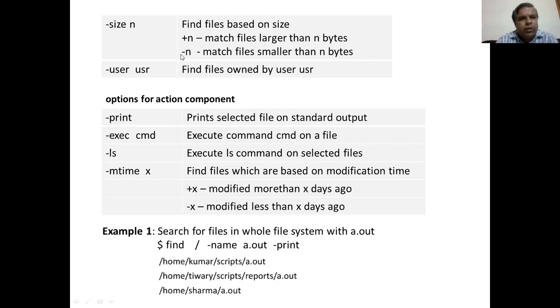Suppose it is -n bytes, match files smaller than n bytes. Then the next option, -user followed by the username. So it will search for the files owned by the user.